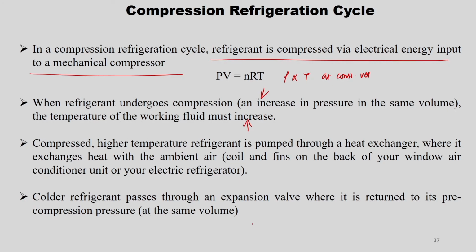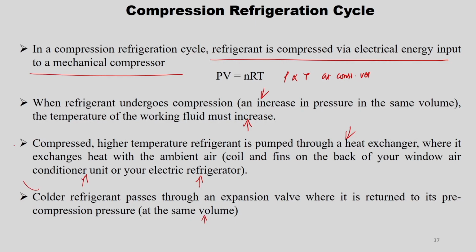After getting compressed, higher temperature refrigerant is pumped through the heat exchanger where it exchanges the heat with the ambient air. So, this normally happens in your air conditioner unit or in refrigerator unit. You must be seeing the coils and fins at the back of your refrigerator. So, after that the colder refrigerant passes through the expansion valve where it is returned to its pre-compression pressure, which is nothing but at constant volume.